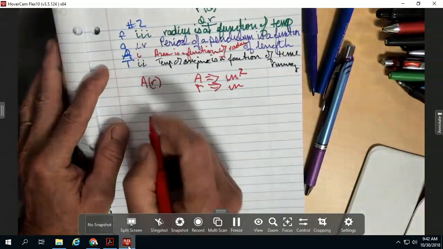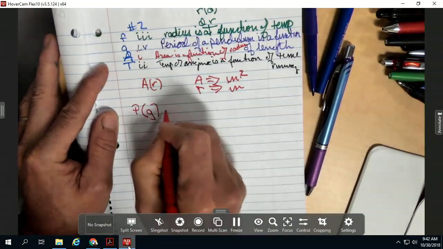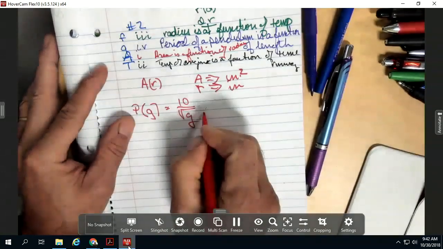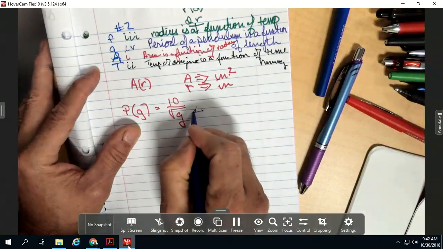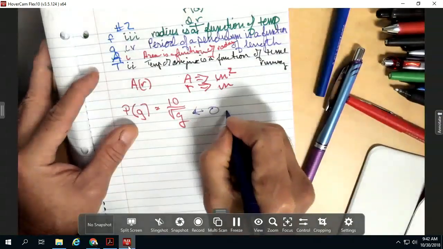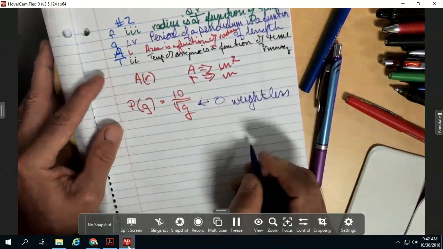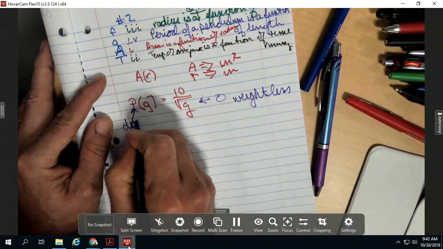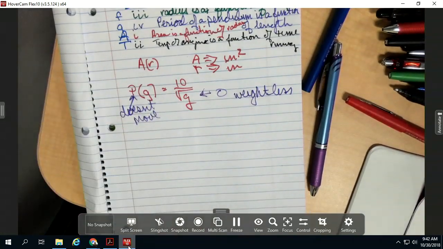So when you see period as a function of gravity is 10 over the square root of g, if this number here is 0 or weightless, the pendulum, the period, doesn't move. Have you ever heard this saying, you can't divide by 0?